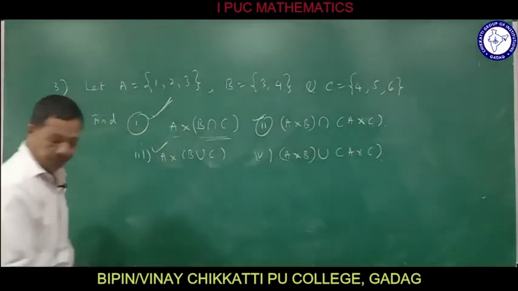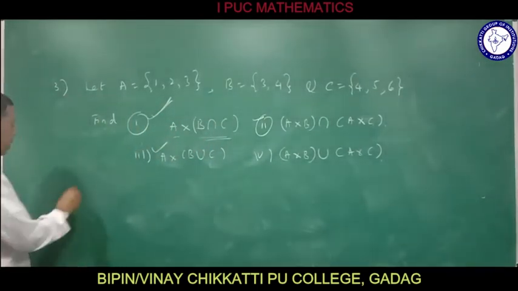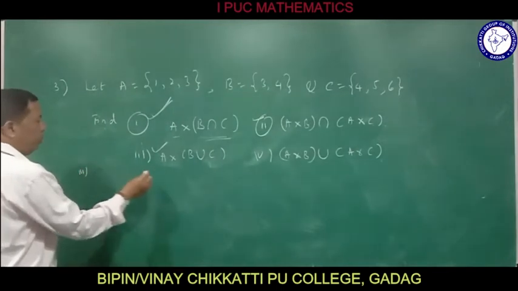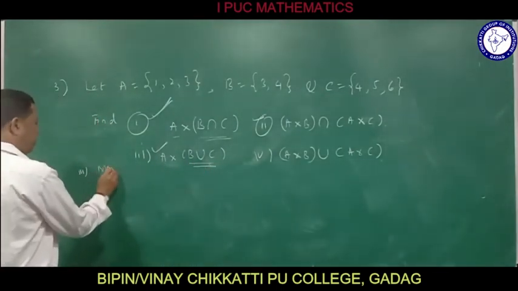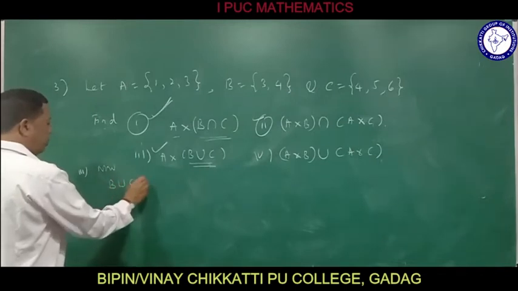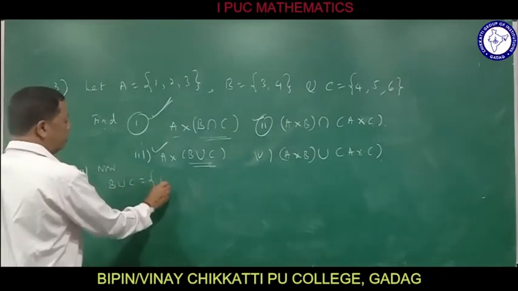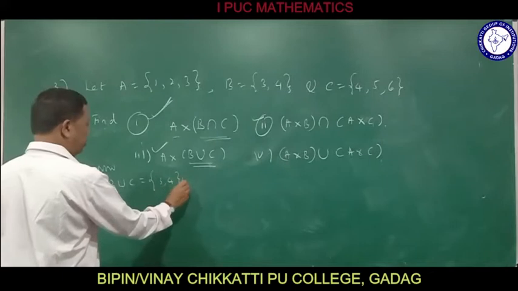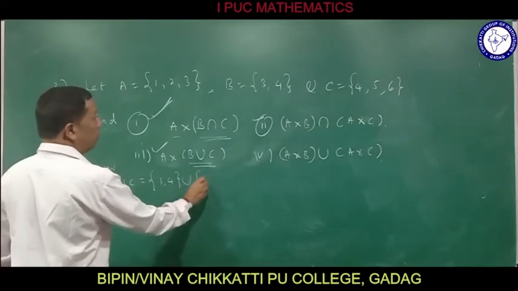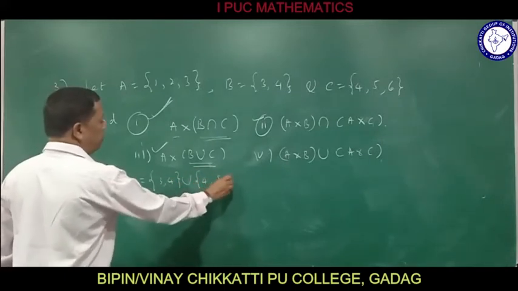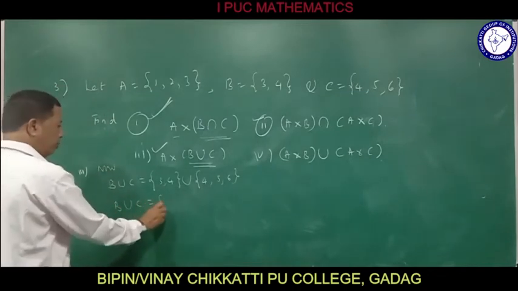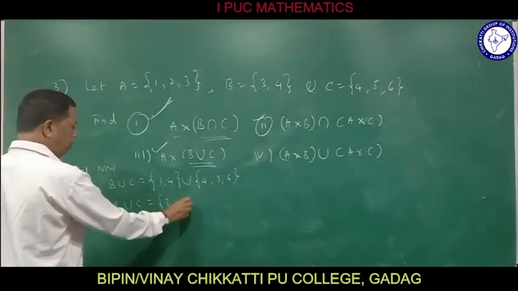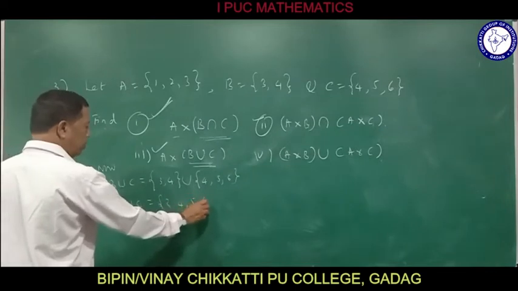So what is third? In the third, we have to find B union C first. B is {3, 4}, union, C is {4, 5, 6}. So B union C is equal to {3, 4, 5, 6}.